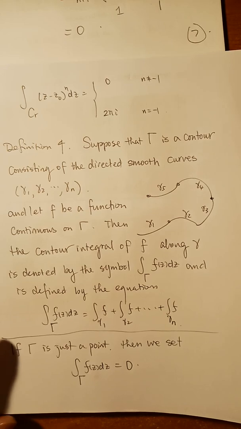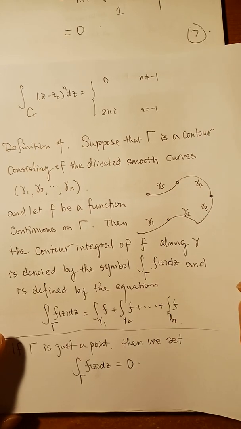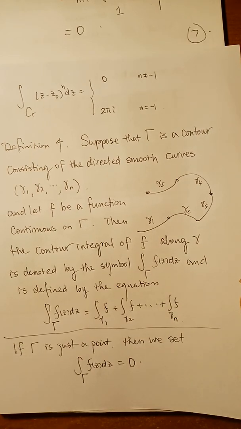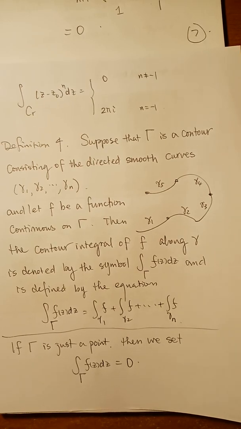There are some other definitions, where a certain function is very crazy and the integral over one point is not 0. That's a different story. It's not what we are trying to study.